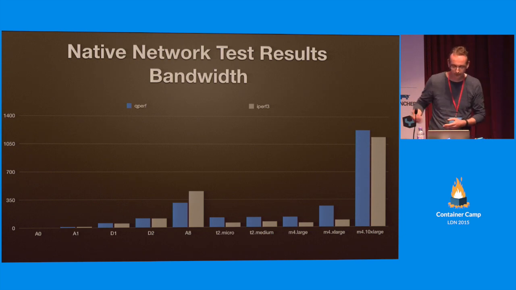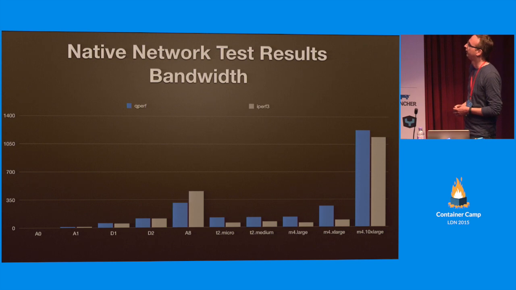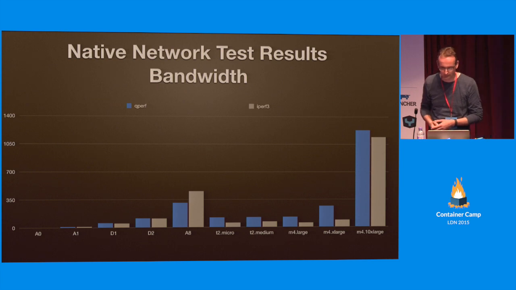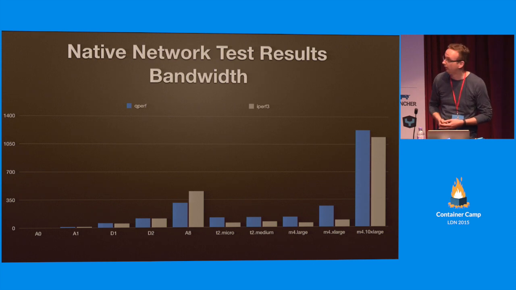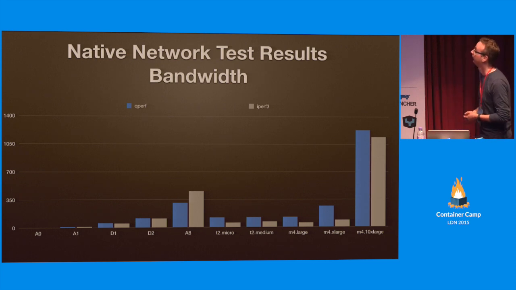So in blue we have the kubeperf, and in gray we have the iPerf results. First thing to notice is the high performance of the largest Amazon instance. We're actually saturating the 10 gigabit network connection in these tests.